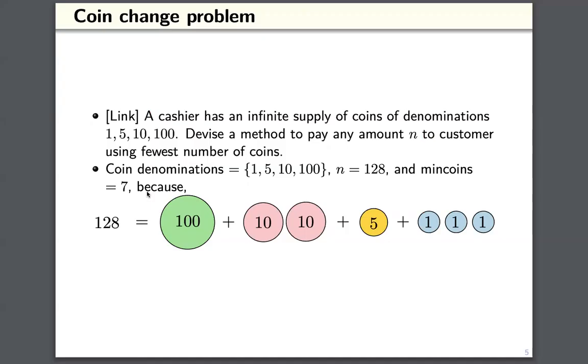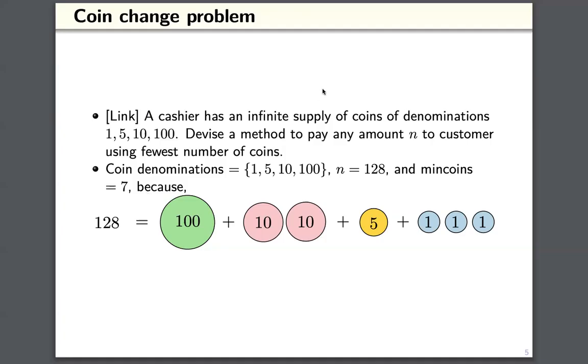Devise a method to pay any amount n to a customer using the fewest number of coins. Remember the min coins problem that we saw in dynamic programming? It's the same problem. You want to make change for amount n using a couple of denominations, and you want to do it in the fewest number of coins.